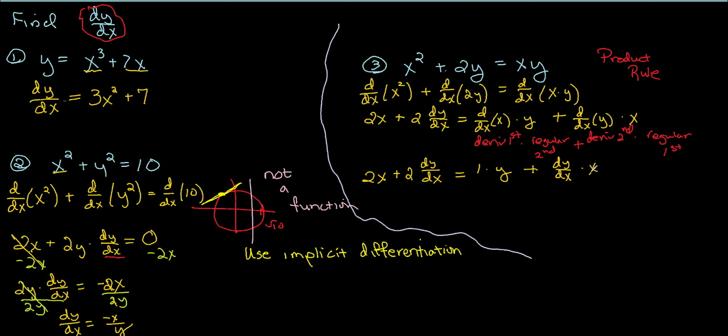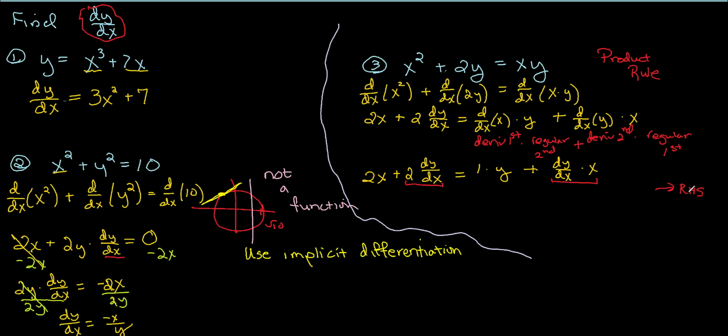We do need to solve for dy/dx. So I need to get all of the terms with dy/dx together. So I've got one here, and I've got another one over here. So I'm going to put all of the terms with dy/dx over here on the right-hand side and everybody else over on the left.